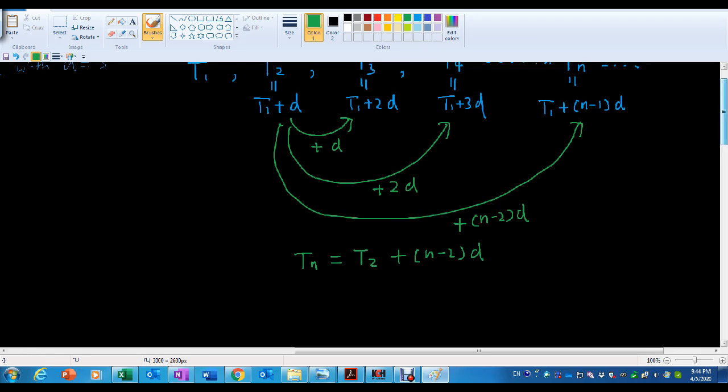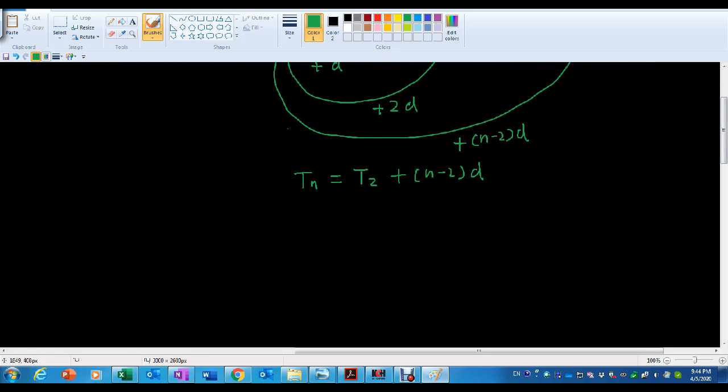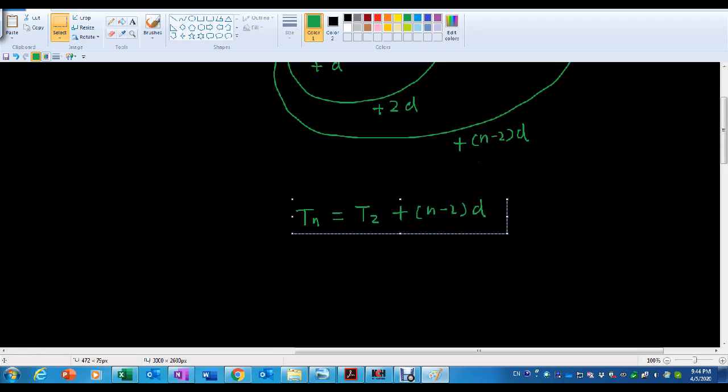So let's compare. If we start from T1, then Tn would be T1 plus n minus 1 D, right? When you start from T2, Tn equals T2 plus n minus 2 D, and so on.